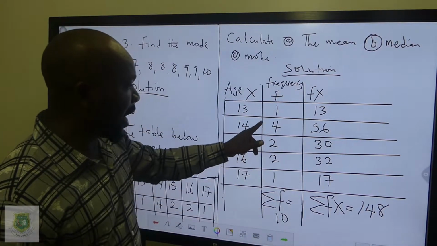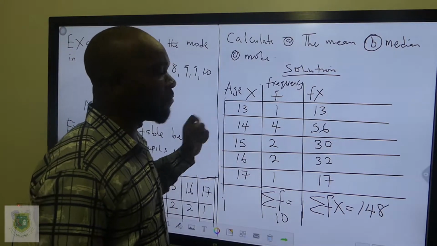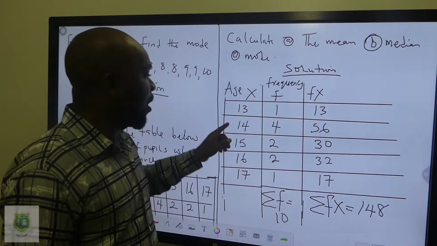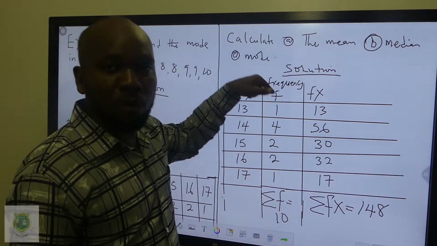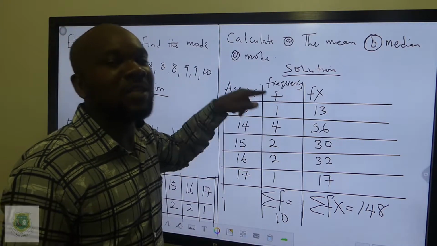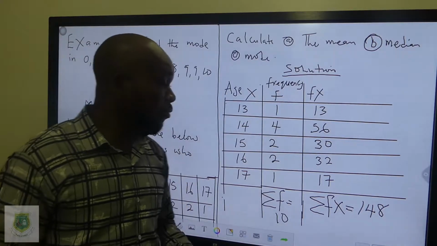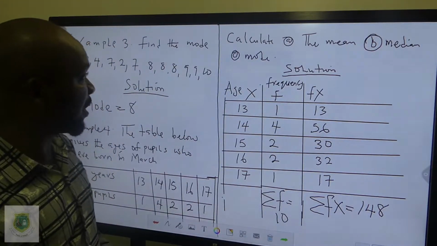The highest frequency here is 4. The number that bears that 4 is 14. So 14 is the mode, because it occurs 4 times. It is the one that has the highest frequency.